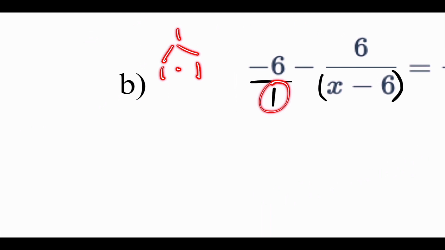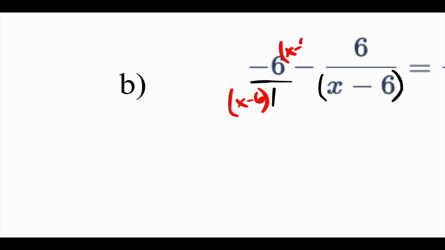If I do a factor tree for 1, it's just going to be 1. X minus 6 doesn't have a GCF, and it isn't a difference of squares, so that one's done. So that means the first guy is going to need an x minus 6. So the common denominator is x minus 6.